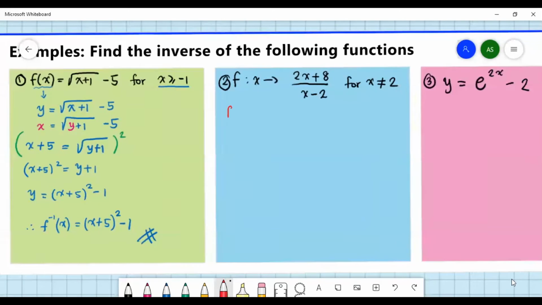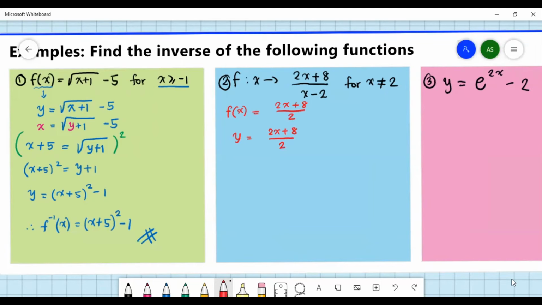In other words, if we rewrite this again, x is the input and the output is this one. It's the same thing that we did in question number 1. We are going to change f of x to y first. So y is equal to 2x plus 8 all over x plus 2.